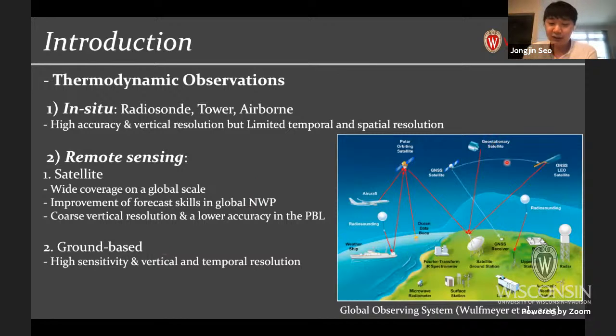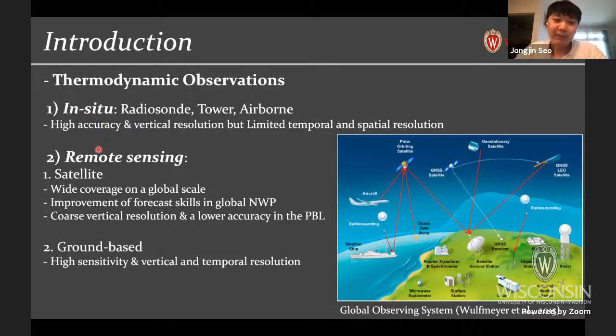This figure shows the global observing systems, and it consists of many in situ measurements and spaceborne and ground-based remote sensing. First, in situ, such as radiosonde, tower, and airborne, has very high accuracy and vertical resolution, but it has limitations in temporal and spatial resolution with respect to the globe.